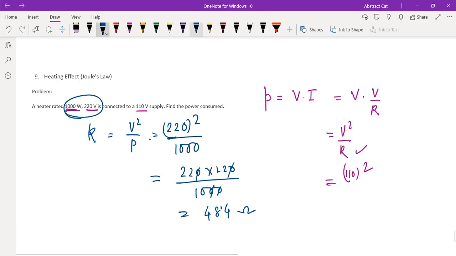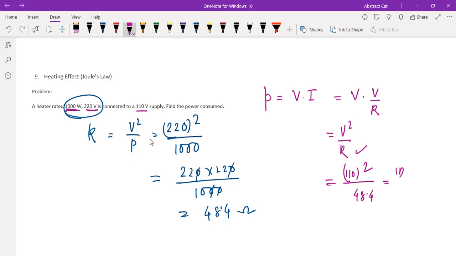Now put the value here, 48.4. 110 square is 12100.